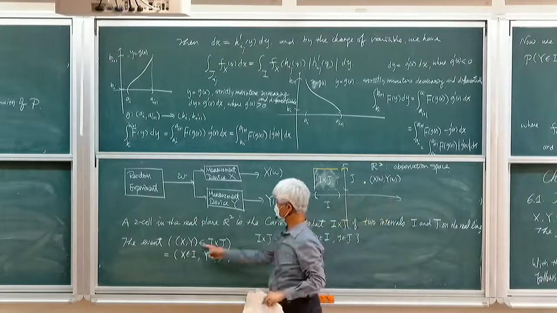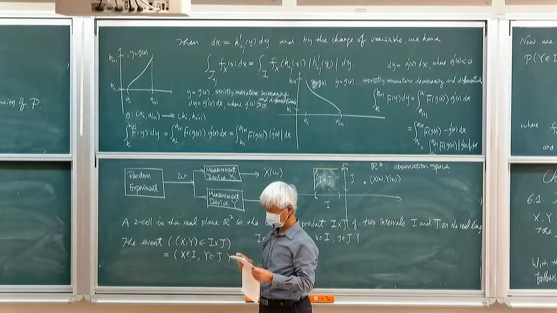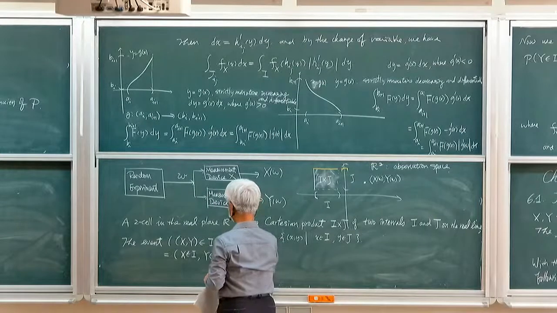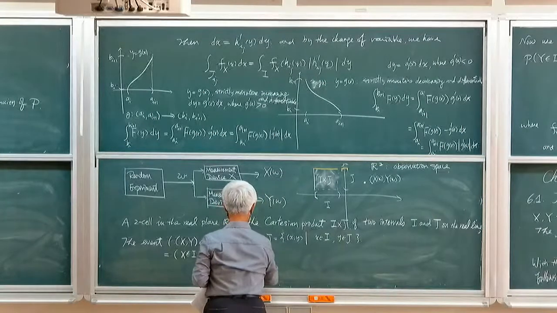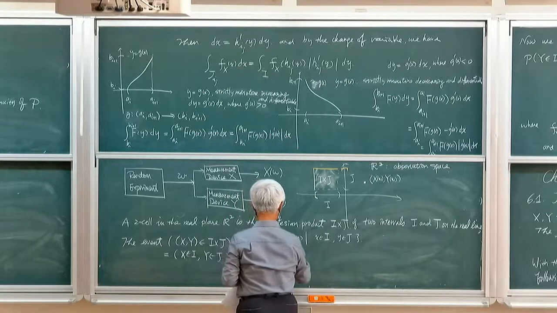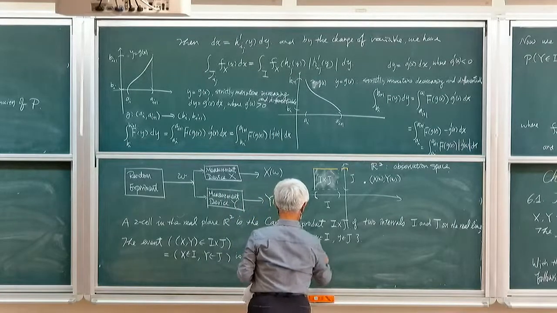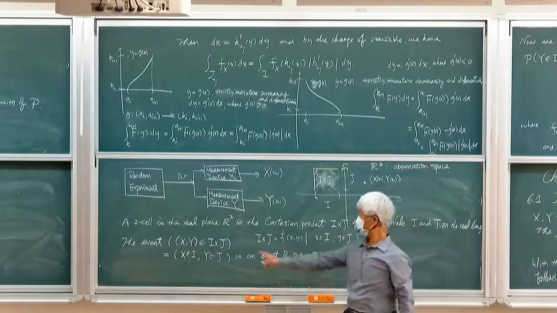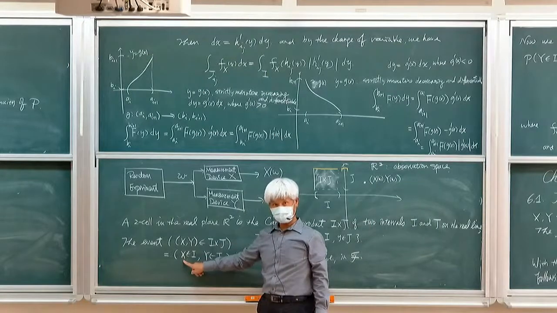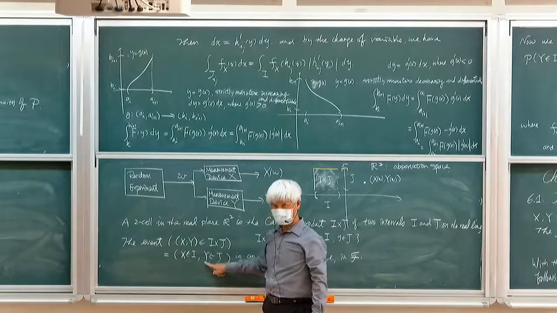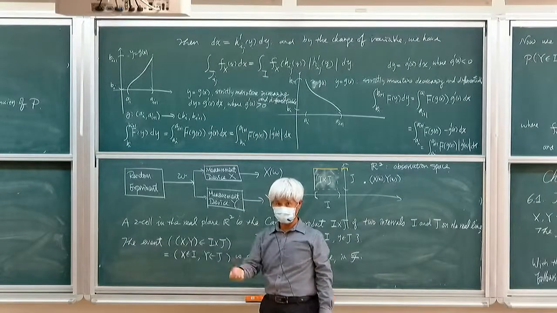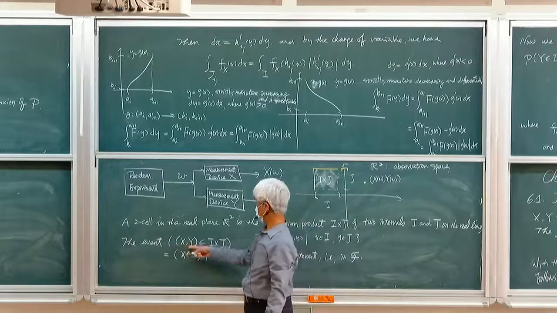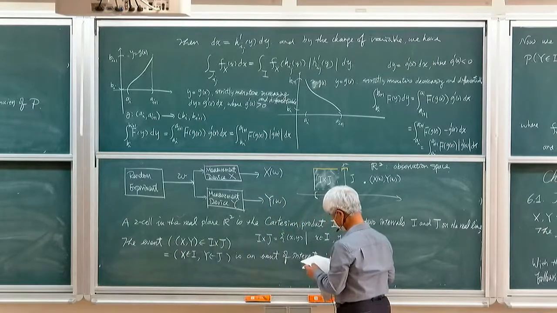So this is the same. All right, so this event is an event of interest, i.e. in the sigma algebra. Why? Because x is a random variable, so this is an event, and also this is an event. The intersection of two events of interest is also an event of interest, right?